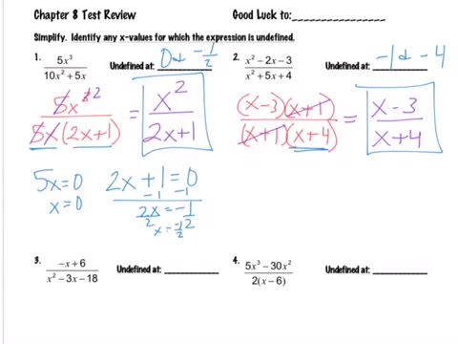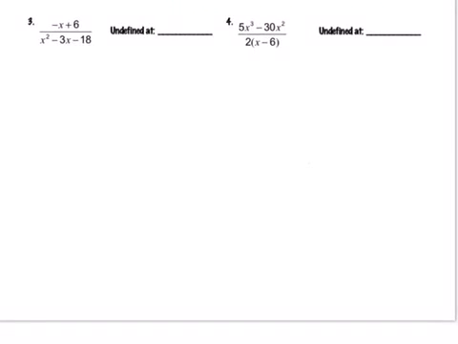Okay, moving on to number 3. I'm going to do the same thing. I'm going to factor. The first part I can't factor, so there's nothing to take out. Then I look at my second one, and this turns into x minus 6 and x plus 3. I want to cancel these two right here, but they're different, though kind of similar.